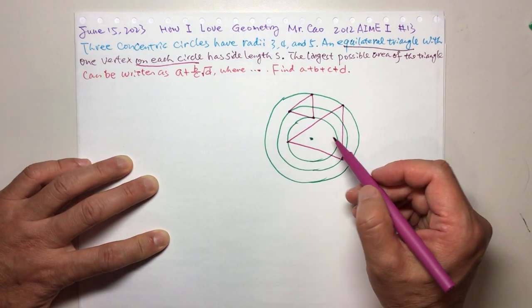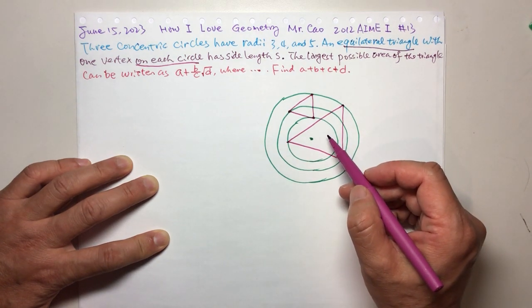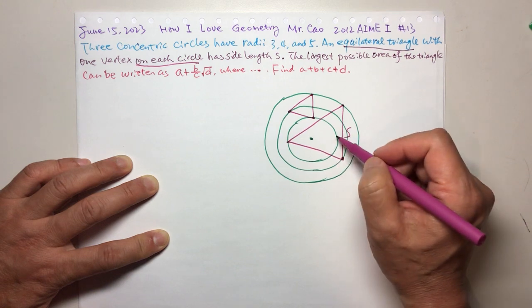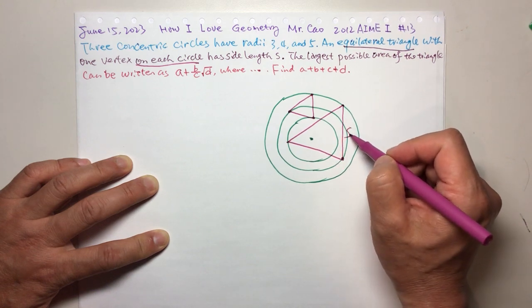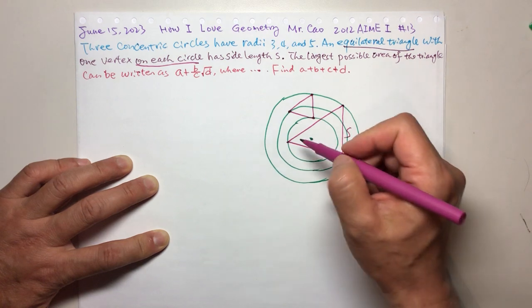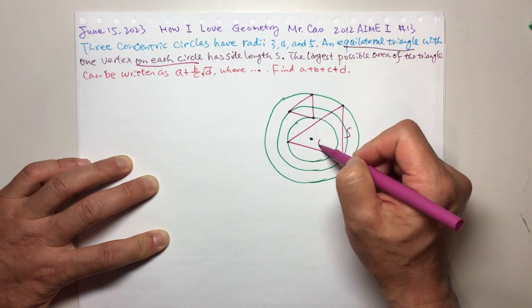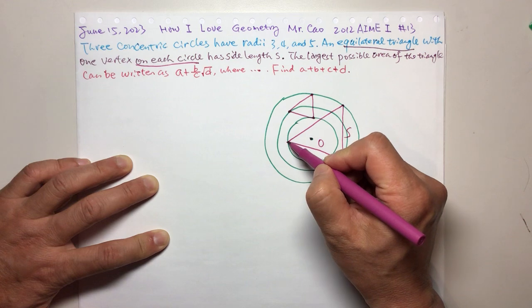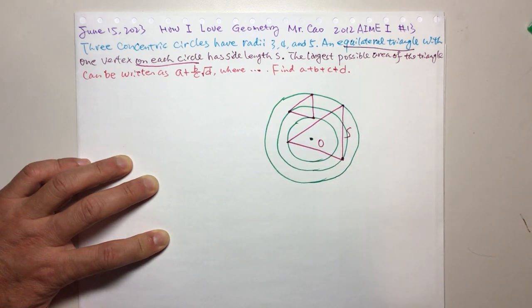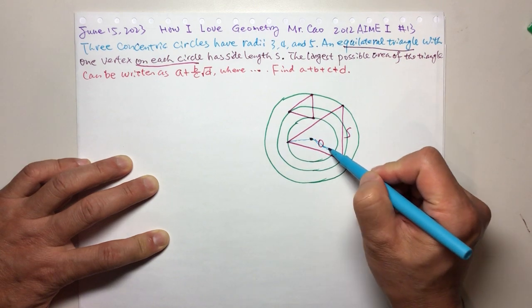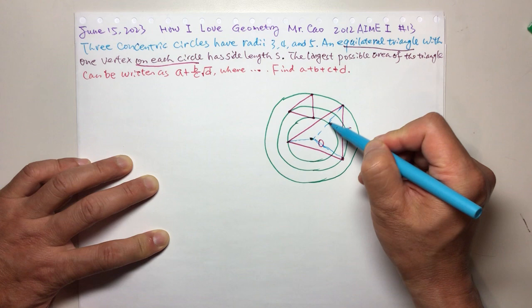So now the problem converts to finding the area. Because we know this is an equilateral triangle and each side is s, and if this is the center of the three circles, this is 3, this is 4 and this is 5.